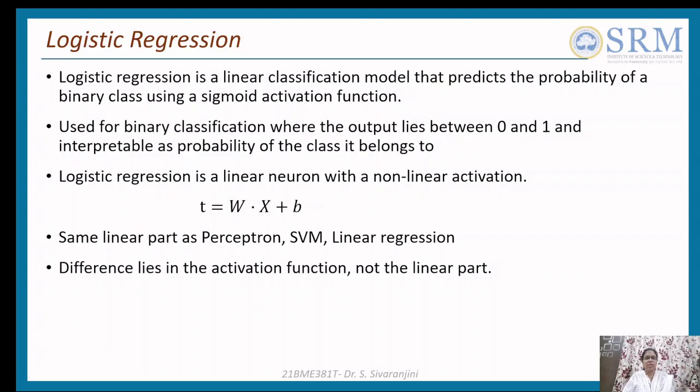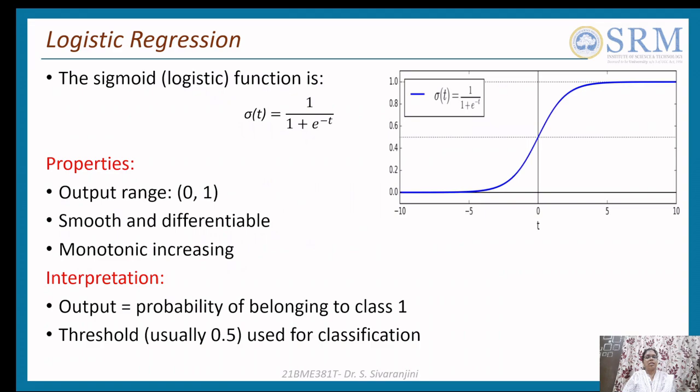So what is this sigmoidal activation function, or the logistic activation function, used in logistic regression, which makes the difference from the other networks? The sigmoidal activation function: sigma of t is equal to 1 by 1 plus e power minus t, where t is the input. Sigma gives you the sigmoidal activation function, sigma of t.